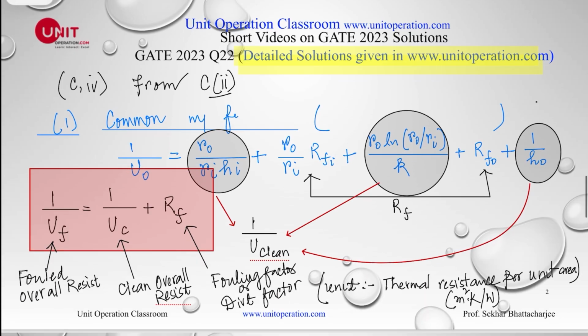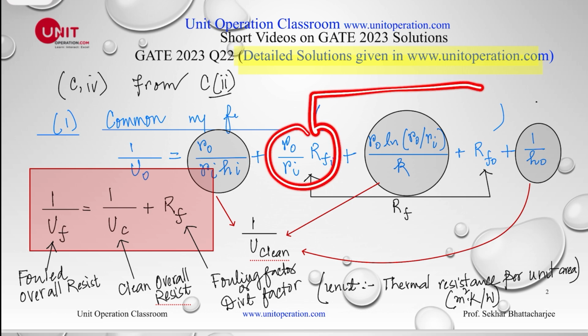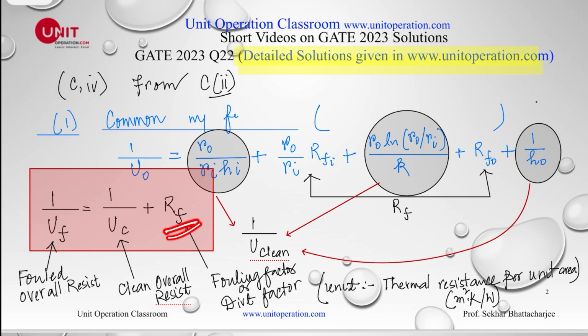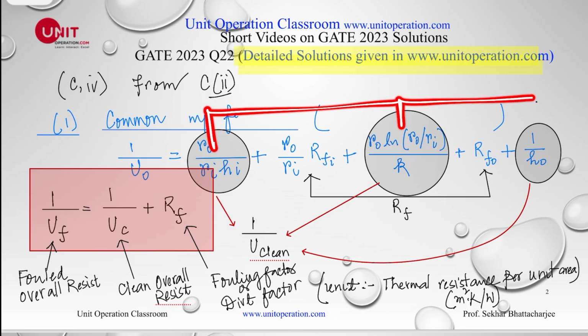So the common simplification we make, if we take this equation here, we can say this one plus this one is what we call RF, the thermal resistance due to the fouling, and this one, this one and this one is the clean overall resistance, which is due to the outside air, this is through the tube, and this is due to the interface of the inside liquid and the tube.